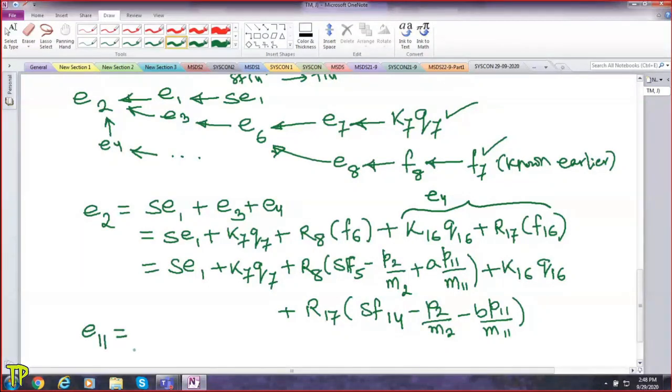In E11, we will have actually sum of the forces.